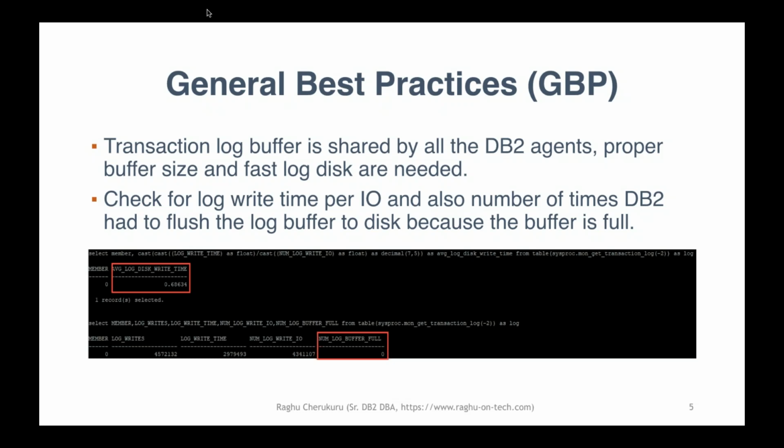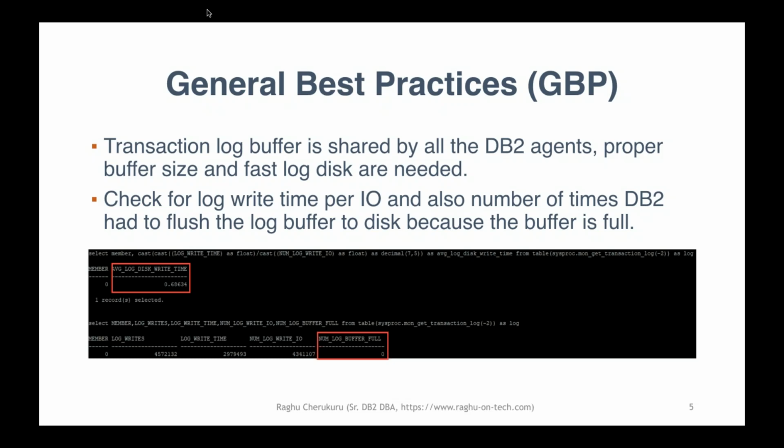You could measure the performance of your log buffer, and usually the log write I/O time should be less than 3 milliseconds. As you can see in the screenshot, my system is less than 1 millisecond, which I'm pretty happy with. Another thing that I look for is that the log buffer gets flushed for a couple of reasons. One is when an application issues a commit, and another is when it gets full.